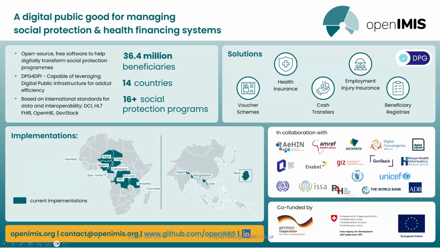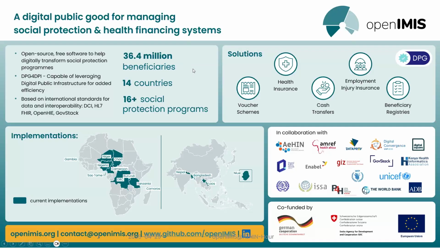And we're specifically serving use cases in social protection and health. The numbers are sometimes a bit outdated from what you're seeing here: 3.6 million beneficiaries globally in 14 countries.